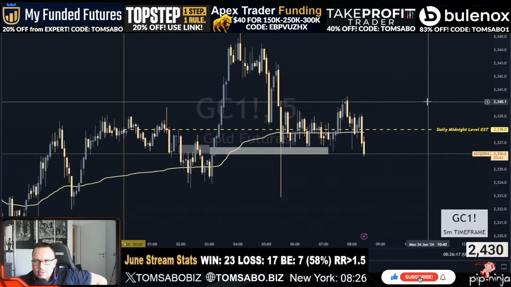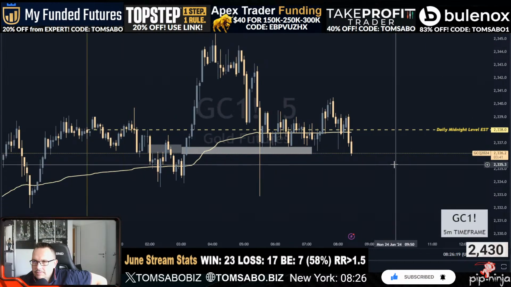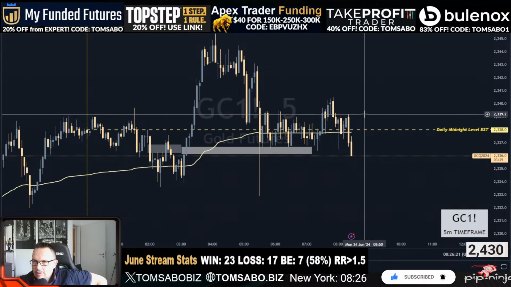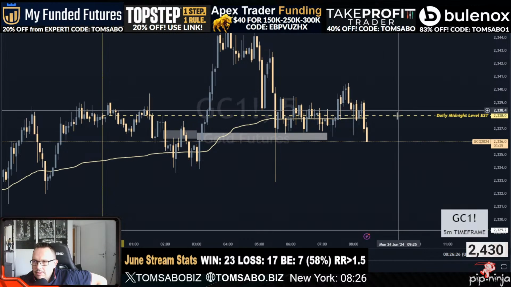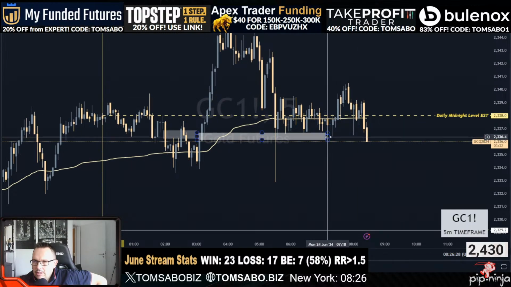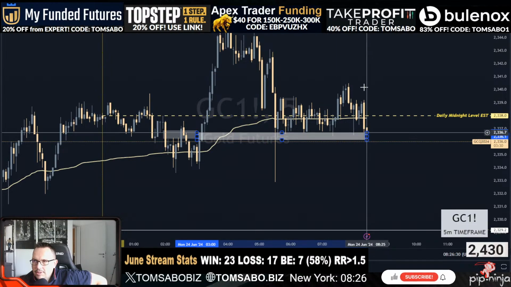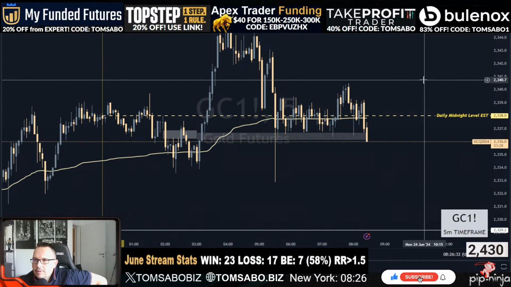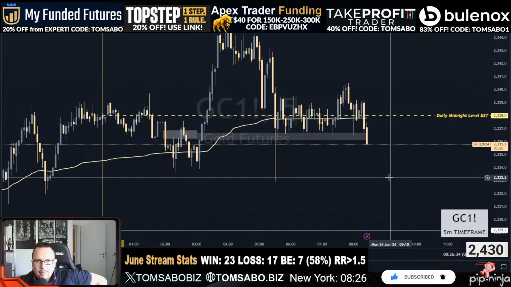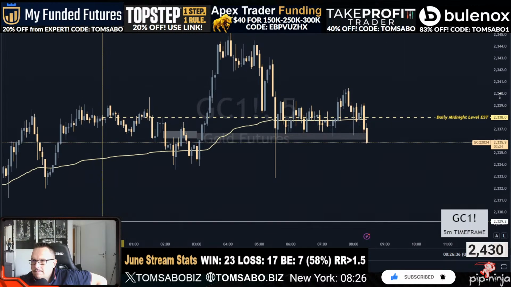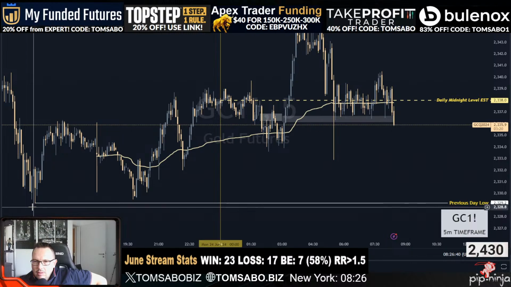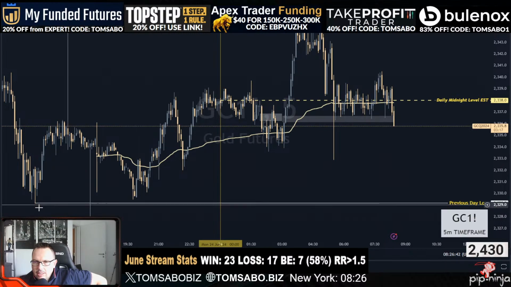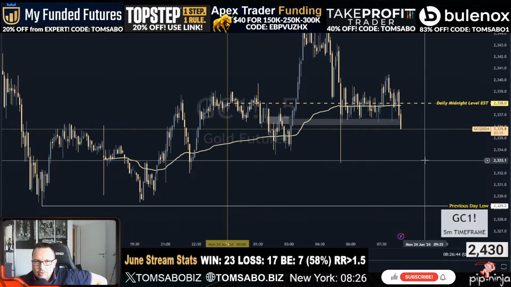All right, gold is going down. I would say there was a sweep here, breaking below this fair value gap with a shift. Previous day low was actually Friday and almost Sunday low.